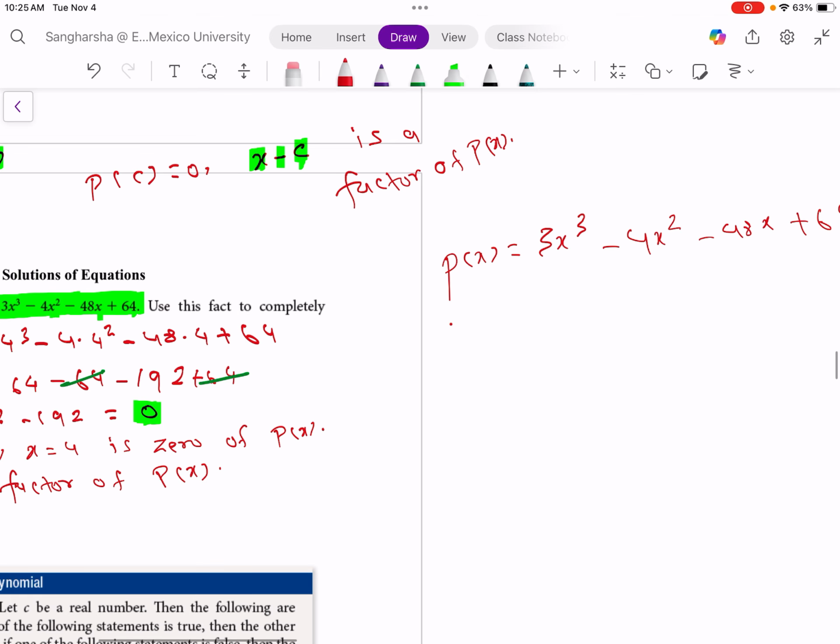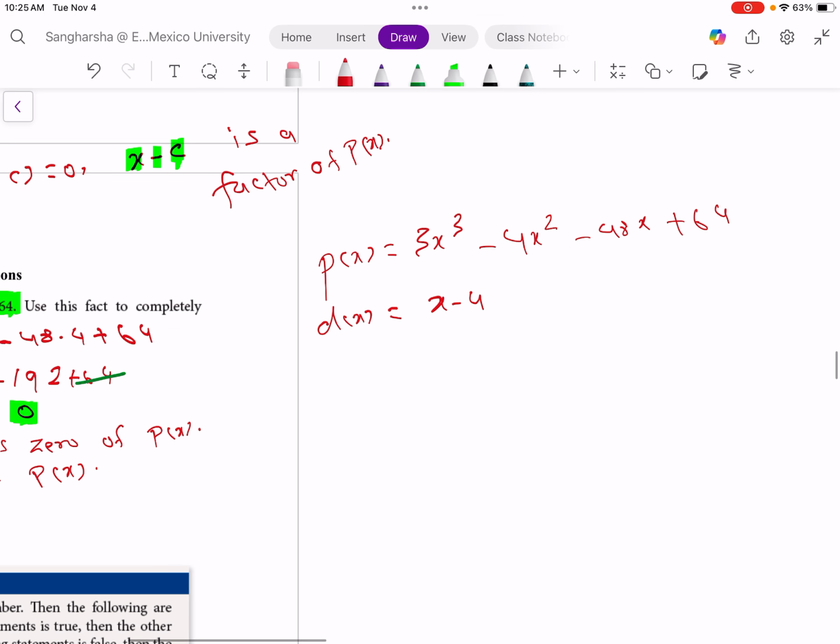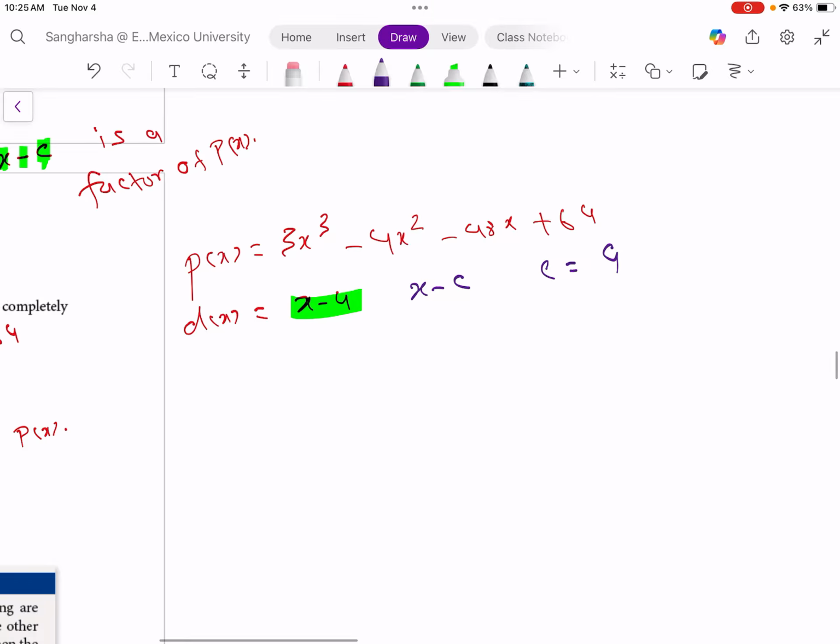So this is our divisor, x minus 4. Now to use synthetic division, your divisor must be in x minus c form, and it is. So what will be our c in this case? c is 4.